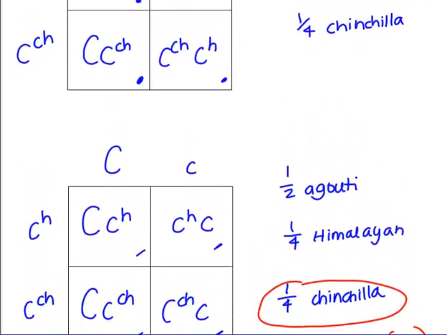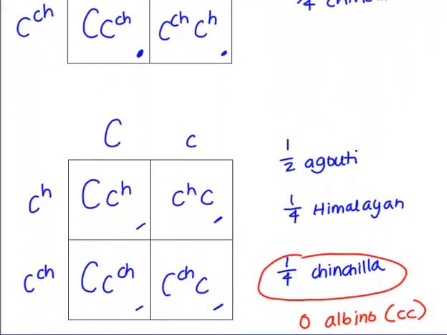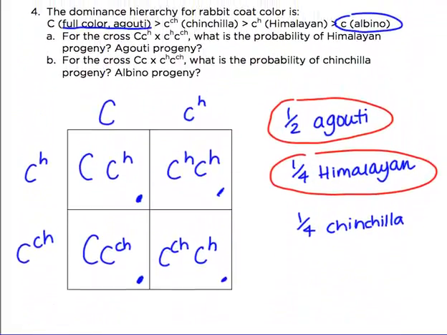So even though both crosses were slightly different, they came to the same progeny: 1/2 agouti, 1/4 Himalayan, and 1/4 chinchilla. So when there are multiple alleles, your best bet is to do a Punnett square and keep in mind the dominance hierarchy in order to see the phenotypes.